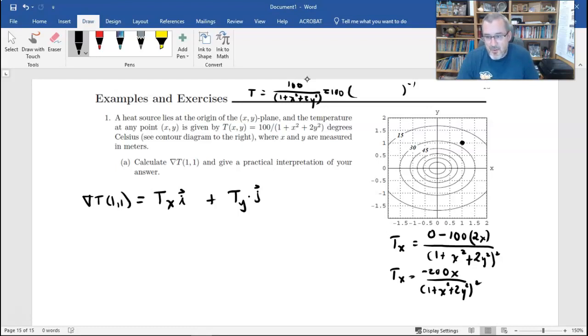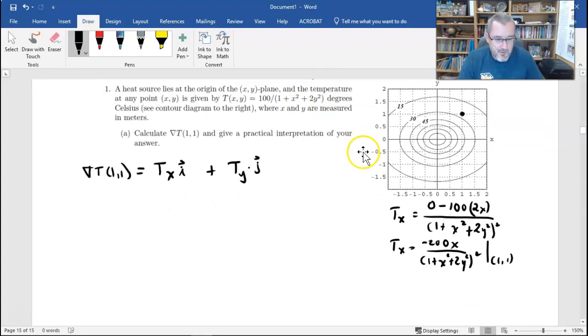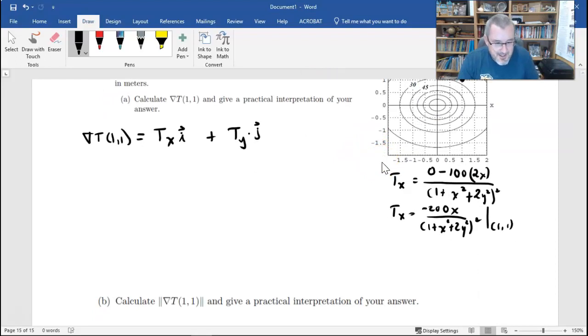Now, we are going to evaluate it at (1, 1). Thank you, author, for giving us a reasonably friendly point to evaluate at. And so what will we get? Negative 200 times 1, negative 200, over 1 plus 1 squared plus 2 times 1 squared. So 1 plus 1 plus 2 is 4, squared is 16.